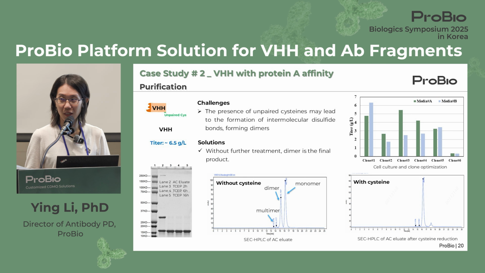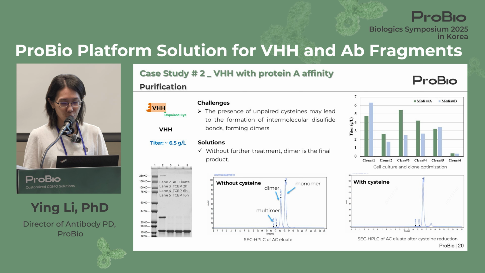Or alternatively, a lot of clients working on this type of application, because their final application is to conjugate this VHH, the very first step of conjugation is the reduction step, utilizing a strong reductant such as TCEP or DTT. So a lot of times they treat this dimer as an intermediate product, because we understand the mechanism of formation pretty well. This dimer is due to the free cysteine.